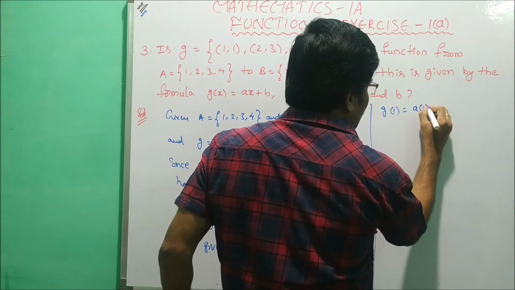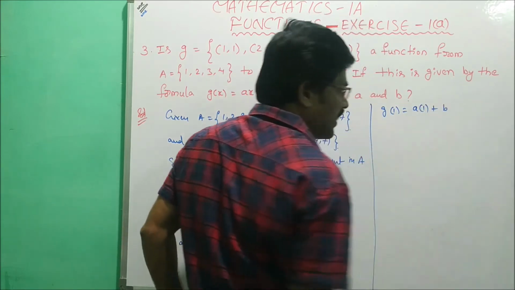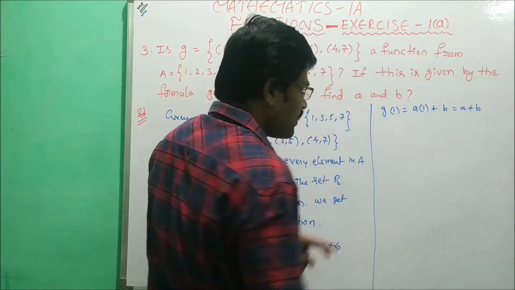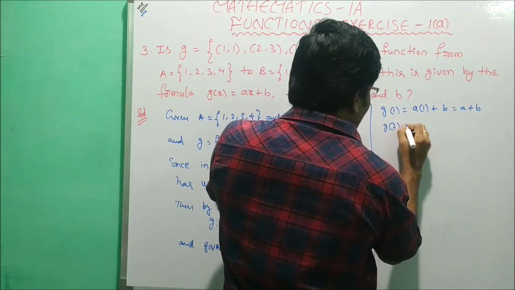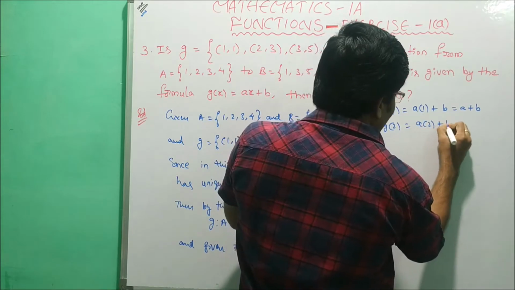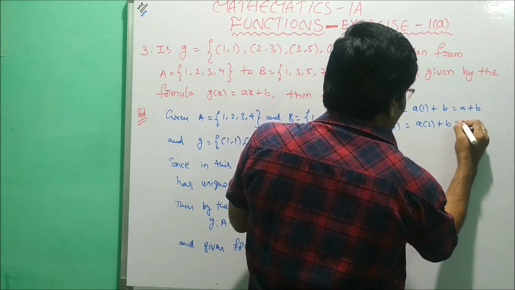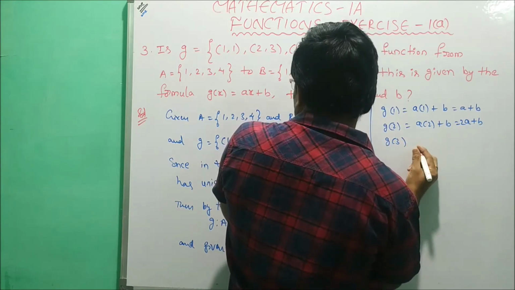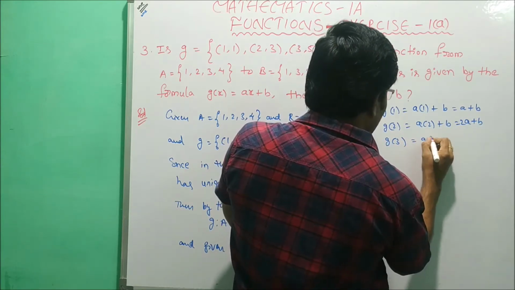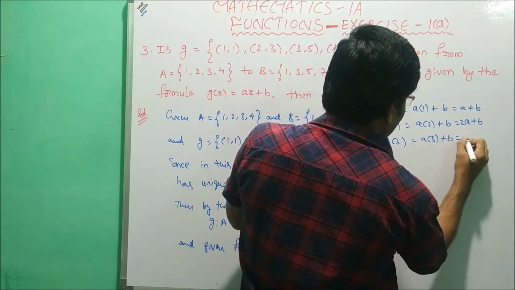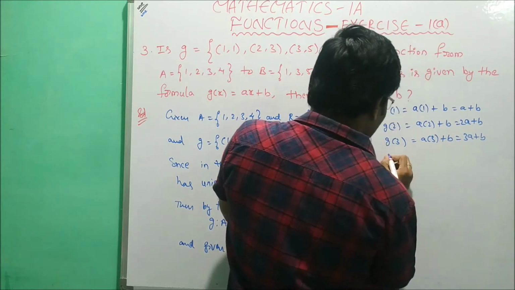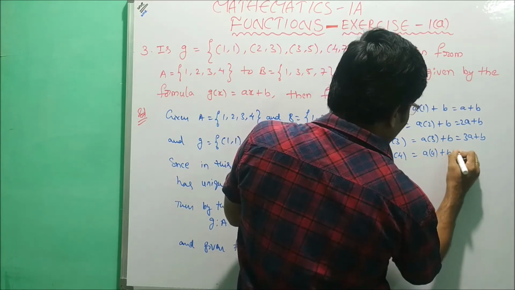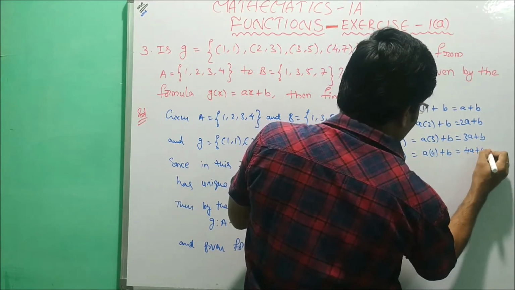Substitute 1 in this equation, that is A into 1 plus B, which equals A plus B. Similarly, G of 2 equals A into 2 plus B, equal to 2A plus B. G of 3 equals A into 3 plus B, that is 3A plus B. Similarly, G of 4 equals A into 4 plus B, that is 4A plus B.